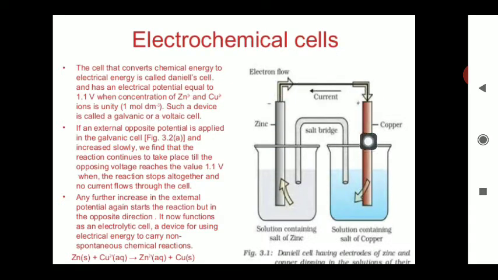These two electrodes are connected with the help of one wire and one galvanometer, which you can add in the middle of this wire. On the other side, a U-shaped tube is placed, and this U-shaped tube is known as the salt bridge. This salt bridge is responsible for completing the circuit of the complete setup of the electrochemical cell.